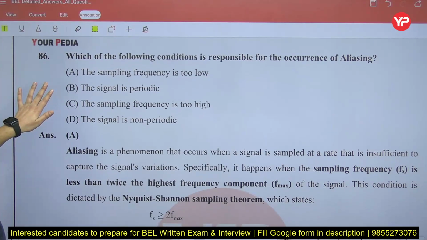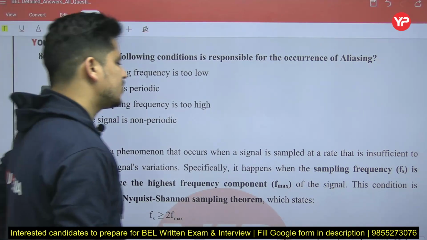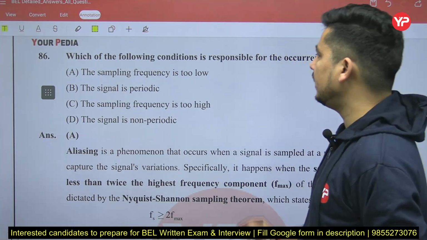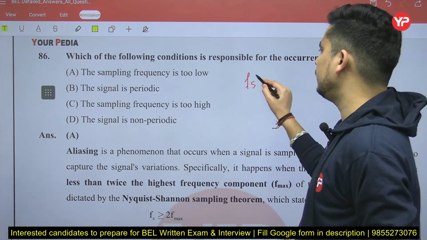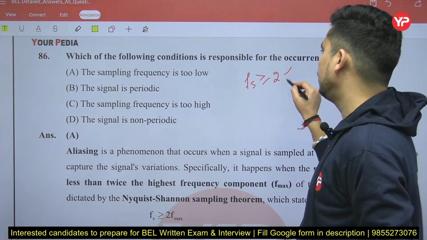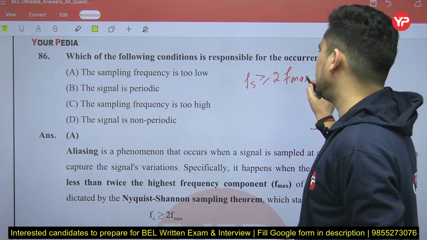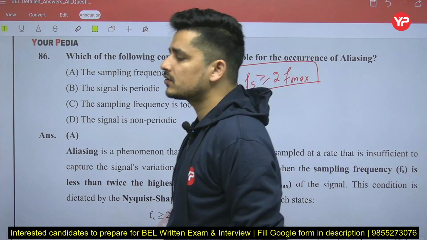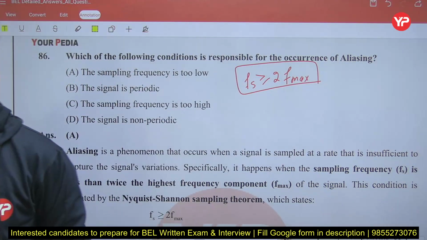Which of the following conditions is responsible for the occurrence of aliasing? The sampling theorem states that your sampling frequency should be greater than or equal to twice the maximum frequency present in your message signal. If this condition is satisfied, there will be no aliasing.